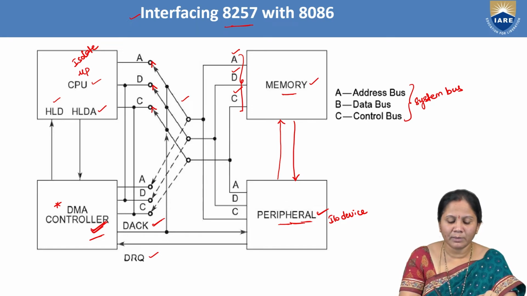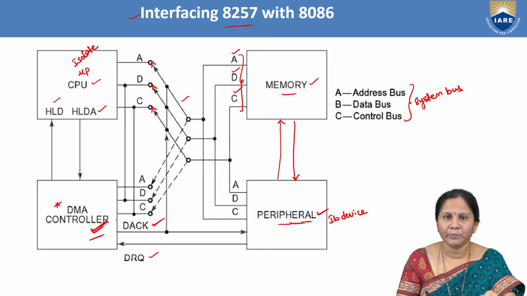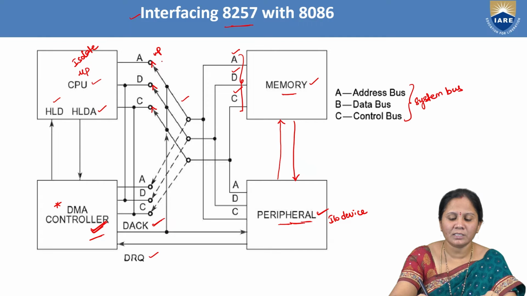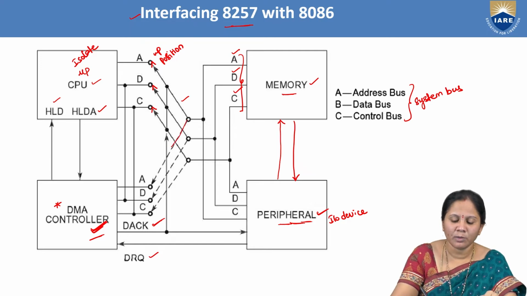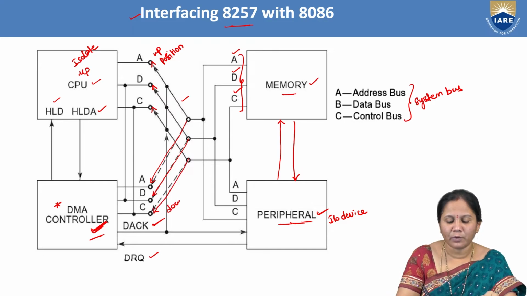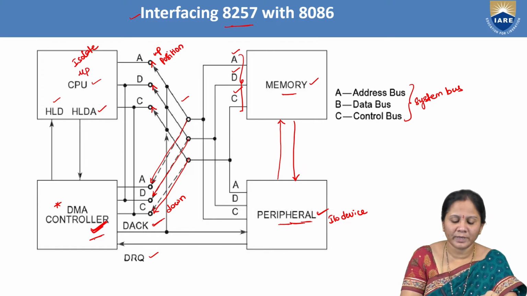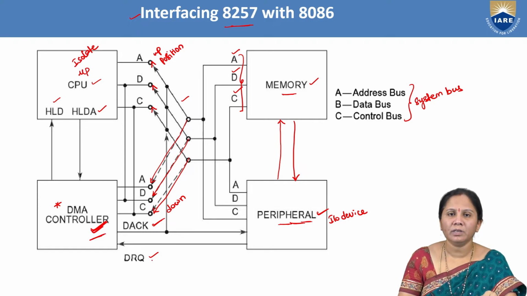Once the DMA controller is involved, if we consider this the up position, all the switches will change their position towards down. So all the switches will be connected to this DMA controller unit.